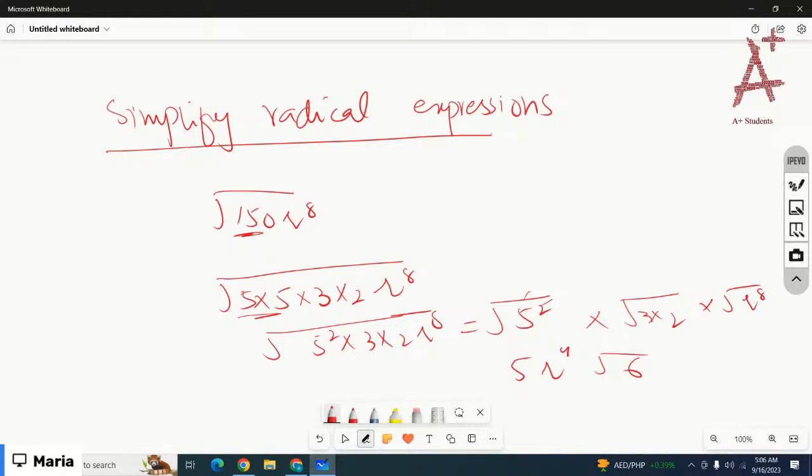Okay, let's just do another example. Let's see how we solve the radicals.